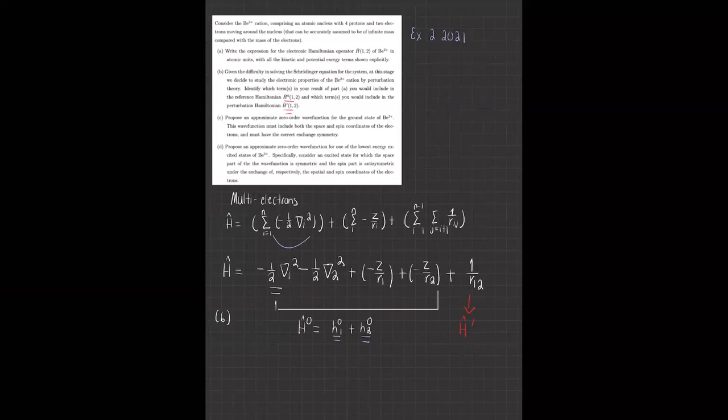All right, for part C, let me just pull up. Okay, so the next part is asking us to basically propose a zero order wave function for the ground state of beryllium 2+.